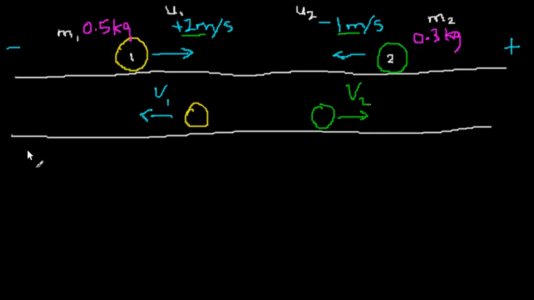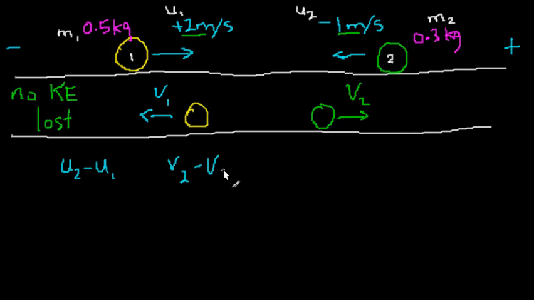Now, in the case where it's perfectly elastic, so there's no KE loss, in this special case, we know that the speed of approach, u2 minus u1, is equal to the speed of separation when they move apart, which is v2 minus v1.